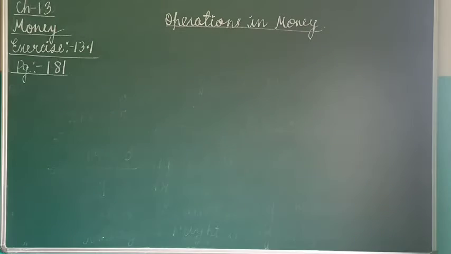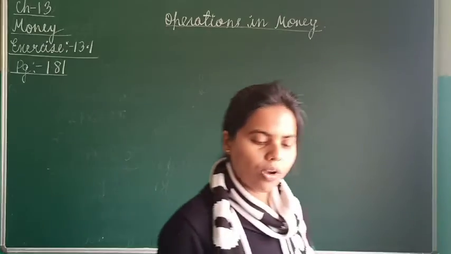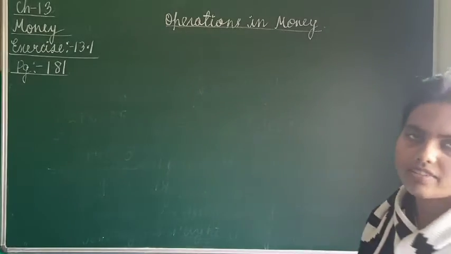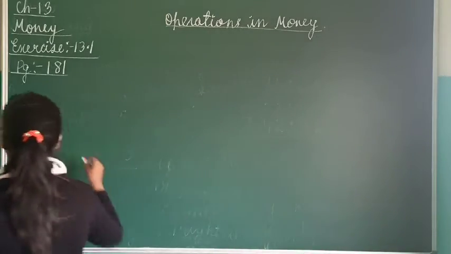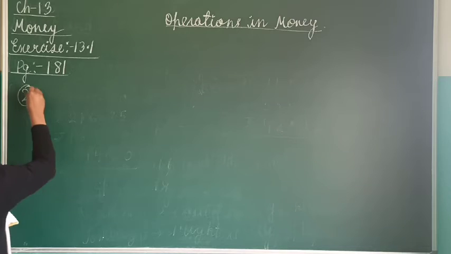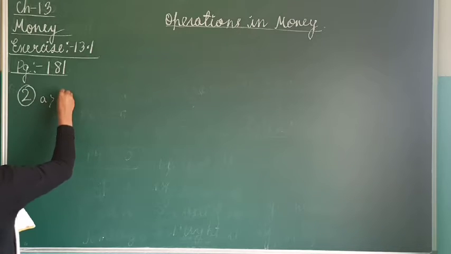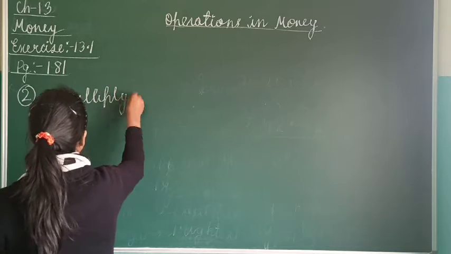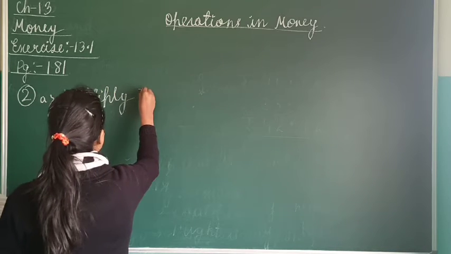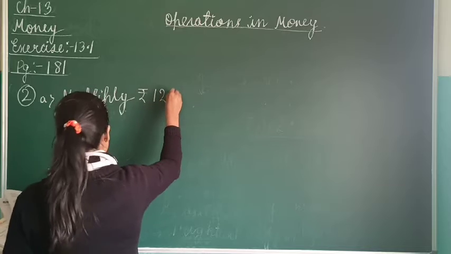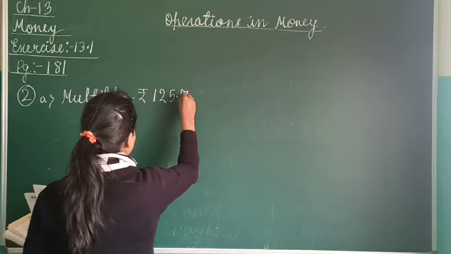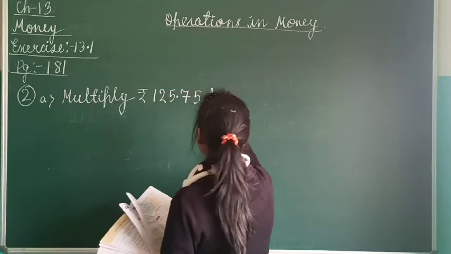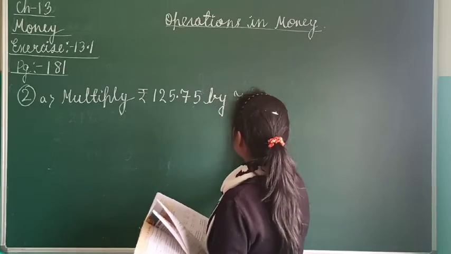In question number 2, what you have to do? Solve the following. You have to do multiplication and division. Now see, question number 2, part A, I am solving. Multiply rupees 125.75 paise by rupees 7.